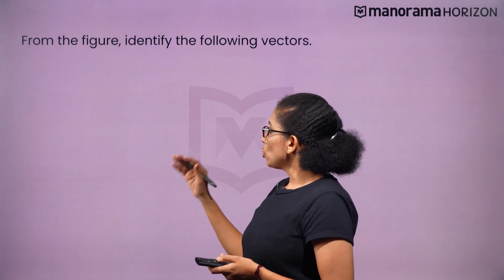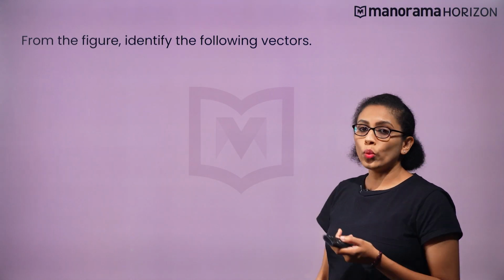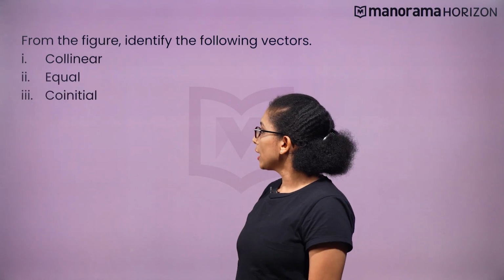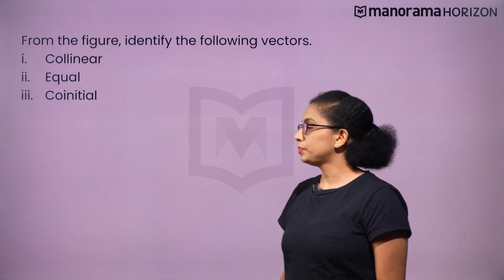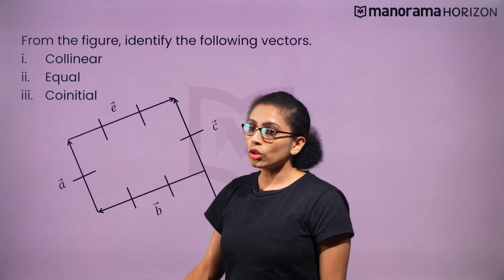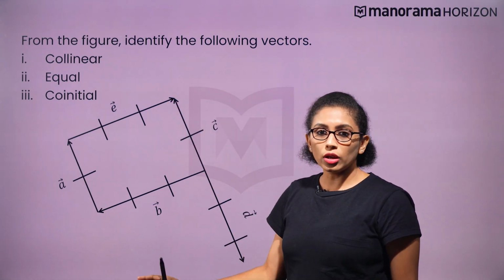Now, let's look at the figure and identify which vectors are collinear, equal, and co-initial. First, we'll discuss the collinear vectors. So can you identify from this figure?